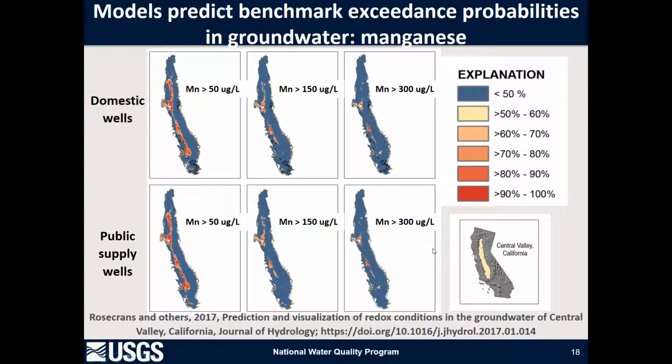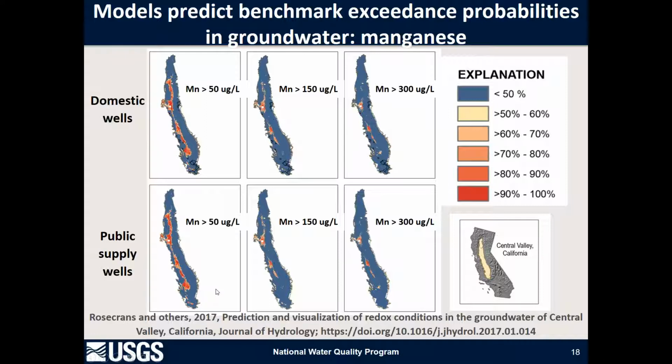And then another option is to look at benchmark exceedance probabilities in groundwater. This one is for manganese, and it's based on redox conditions in the Central Valley of California. It has it broken out both by domestic wells as well as public supply wells.